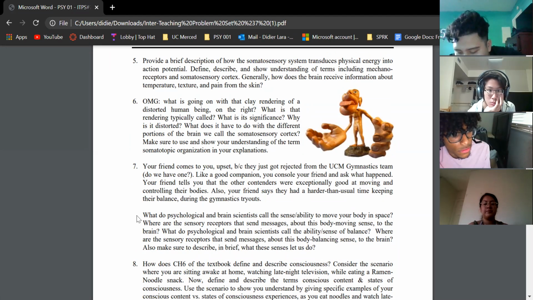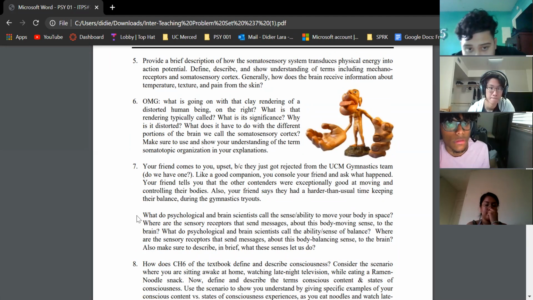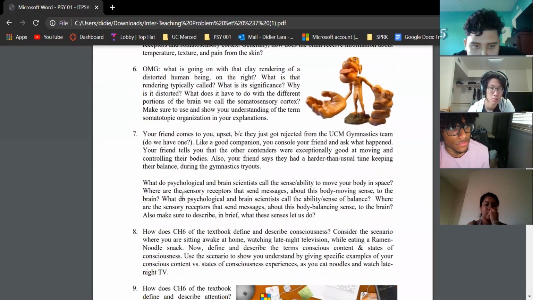What I put for that is that in order to move our body in space, we need to rely on the kinesthetic sense. This sense works with others like touch and vision to know where our body is relative to space. The receptors for this sense are located in our joints, ligaments, and bones. And then it asks, what do psychological and brain scientists call the ability to sense balance?